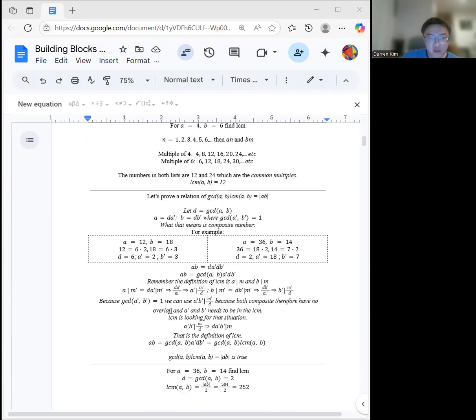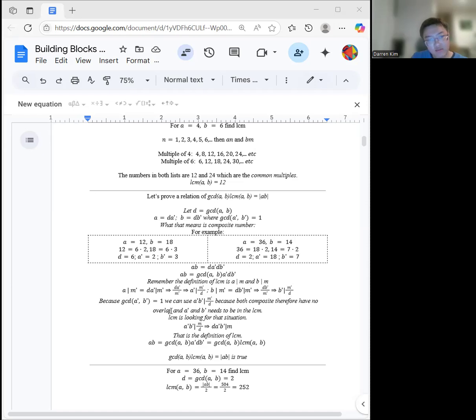Anyways, we're gonna prove this relationship here. A comma B. This is multiple. So first thing you have to say is we're gonna get to something like this. Now, GCD already gets rid of the top contenders. So over here, A equal 12 and B equal 18.